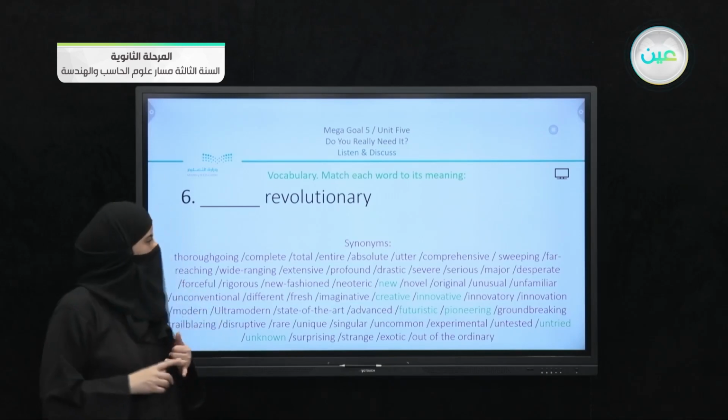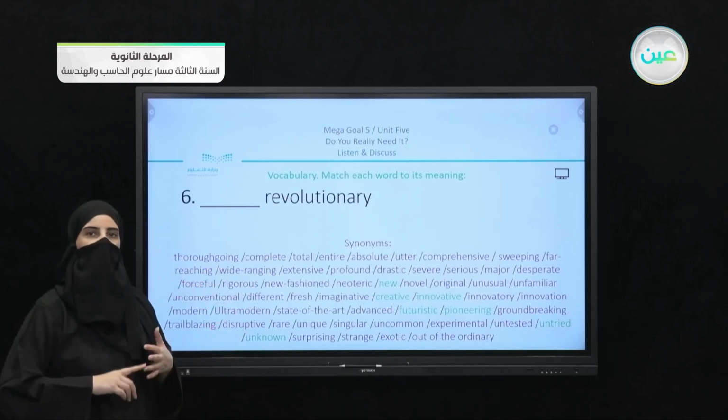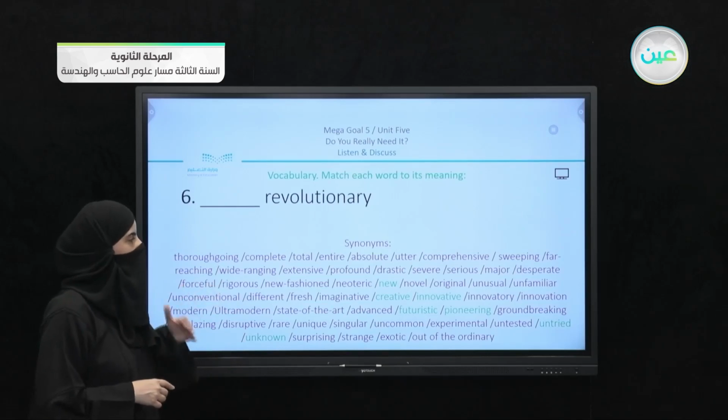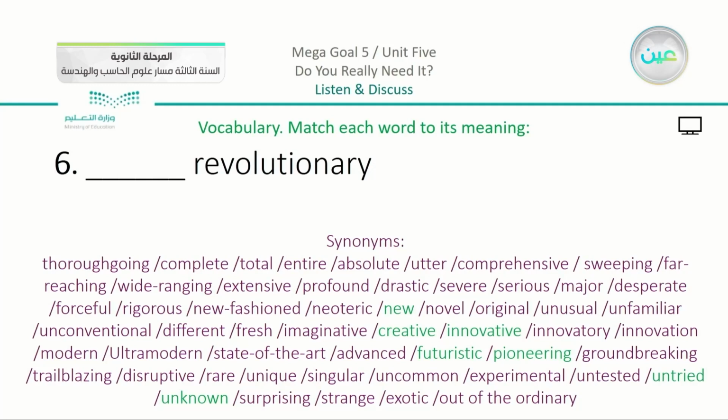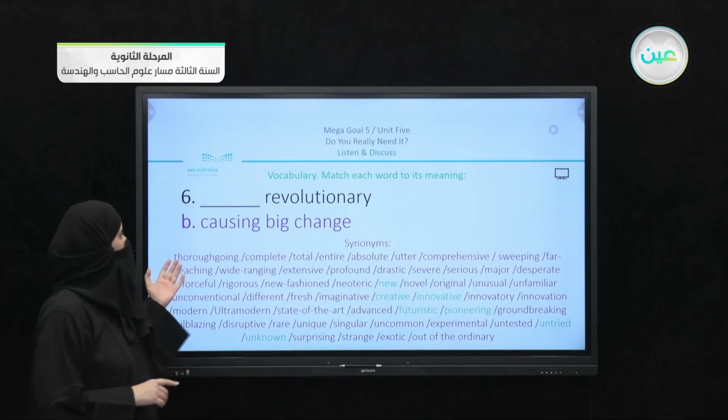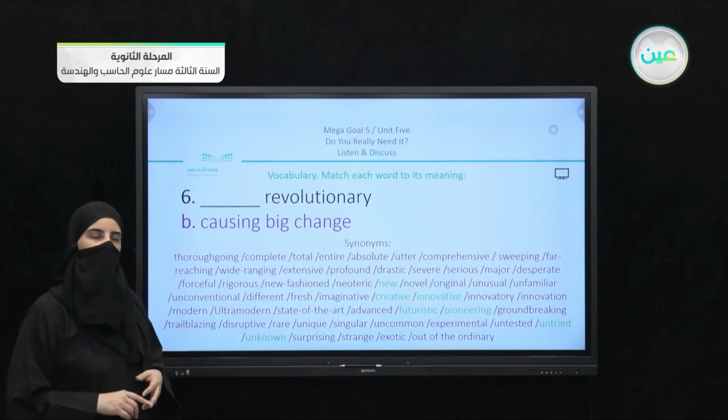So they can be close to saying that something is new, creative, innovative, futuristic, pioneering, untried, or unknown. So all of these meanings are related to the meaning here that we have in the book, which is B, causing big change.